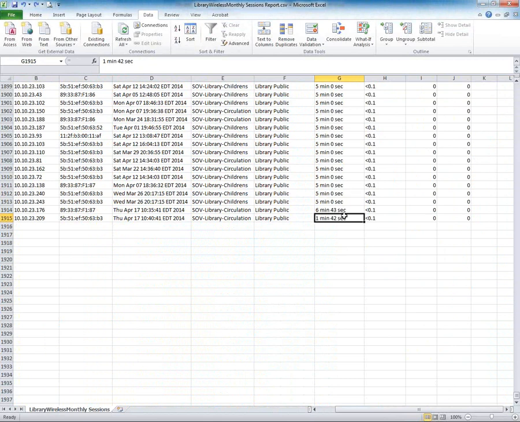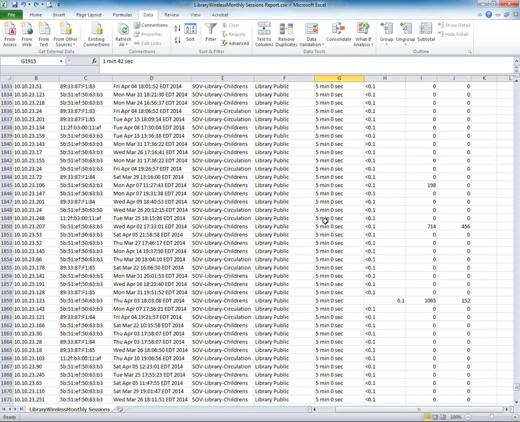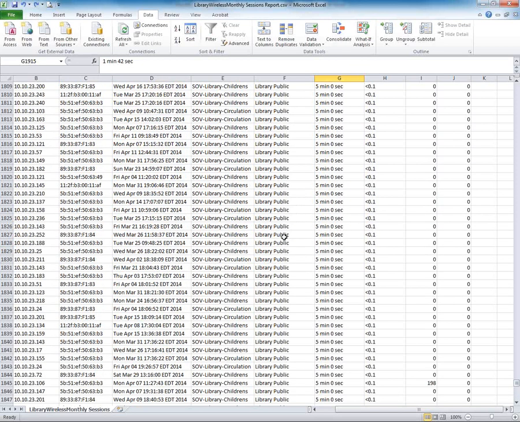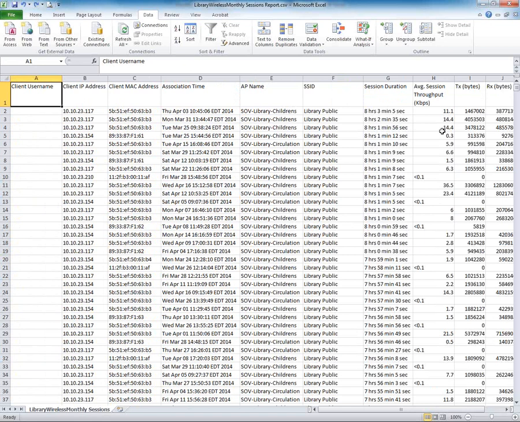So I would say anything that's a minute or less is one that you probably wouldn't want to count, because it's more than likely someone who actually never got to the internet. The other thing is that you may also want to look at the average session throughput.